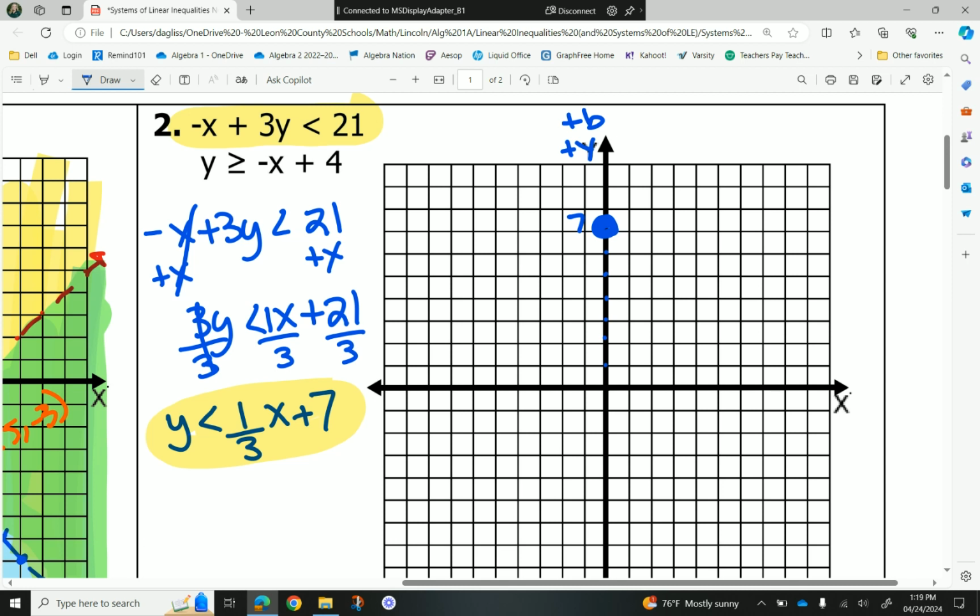How do I move from here? So we're looking at the 1 and the 3. Why is it up instead of down? It's a positive. Good. Up 1 over 3. Up 1 over 3. I could go backwards by doing down and then backwards 3.